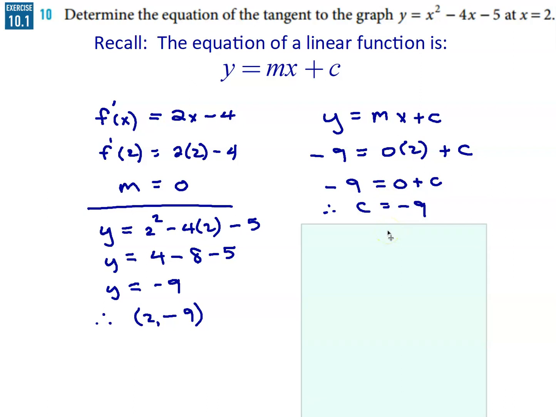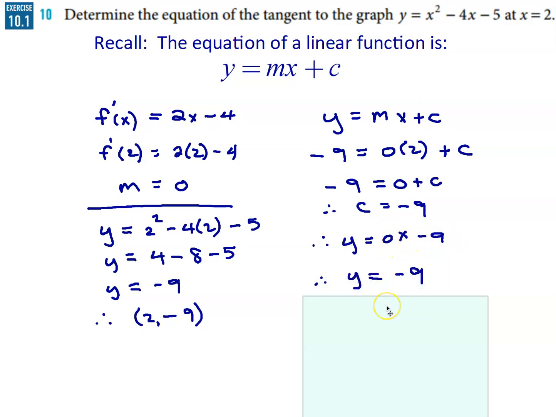Once you have a value for c, you have the equation y equals mx plus c. Of course, 0 times x is just 0, and 0 minus 9 is negative 9. Therefore, y equals negative 9 is the equation of the tangent line.